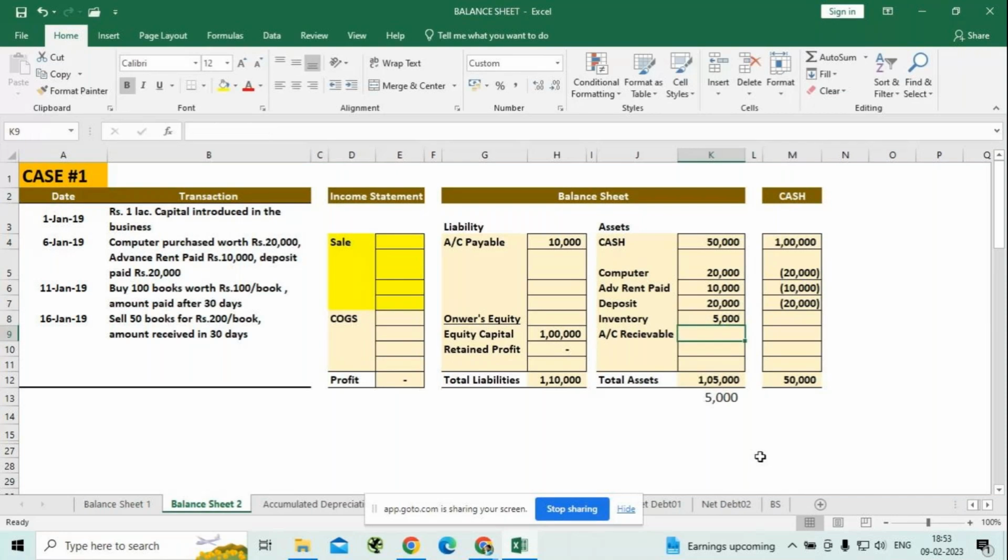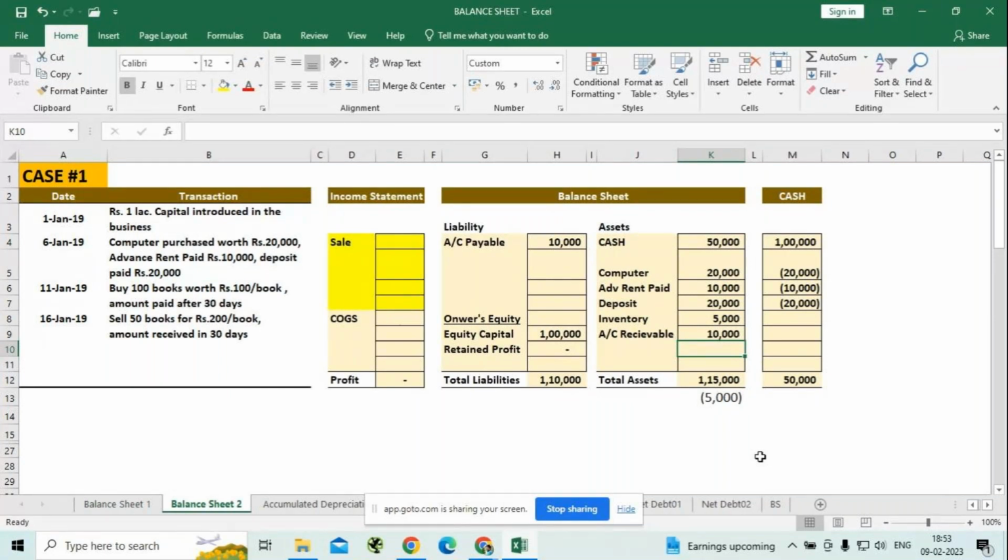So right now I have an inventory value of 5,000, but I've sold it at 200 rupees per book, which I'm supposed to receive after 30 days. So 50 into 200. So there is an accounts receivable of rupees 10,000.